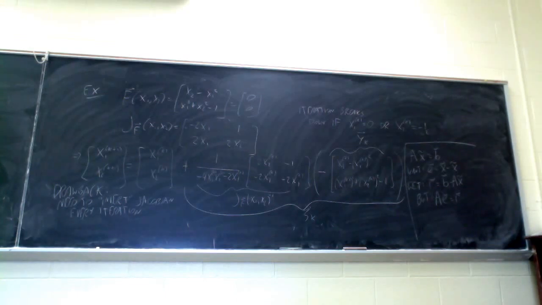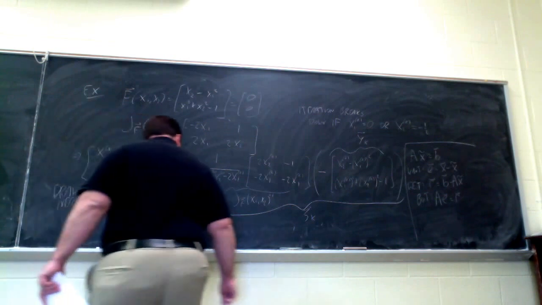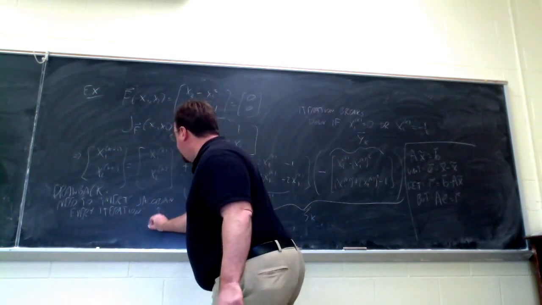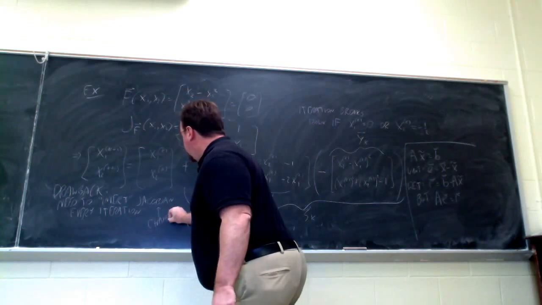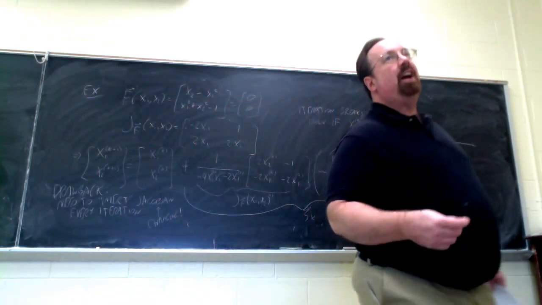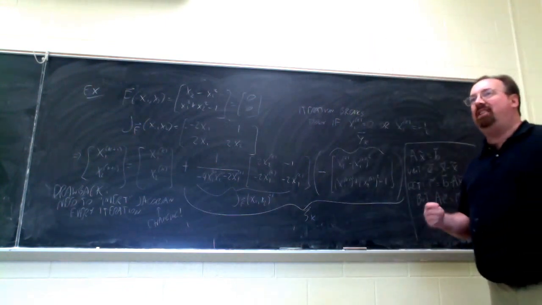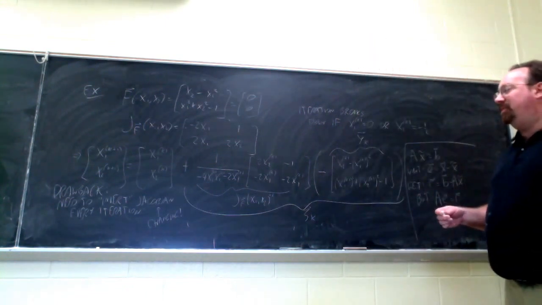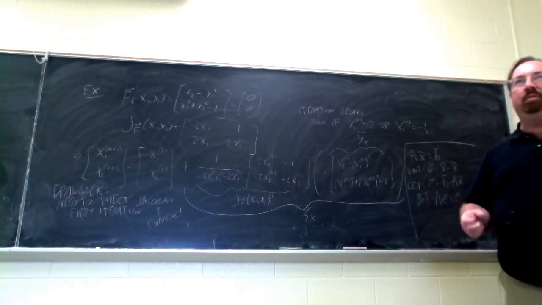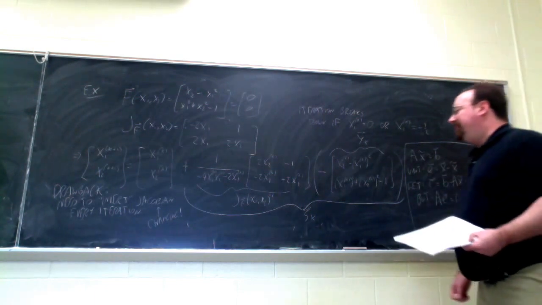But you are going to have to solve a system of equations every single iteration. It's still expensive. What makes matters worse is this Jacobian keeps changing every iteration because it's the Jacobian evaluated at xk. Xk is always changing. So whatever you did in a previous iteration to solve a system, you can't use any of that to help you solve the next system.